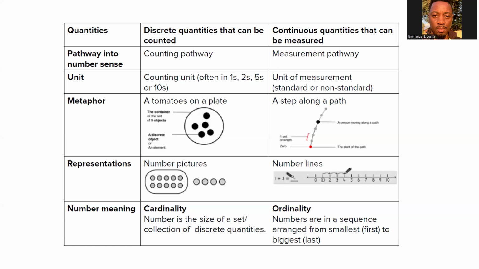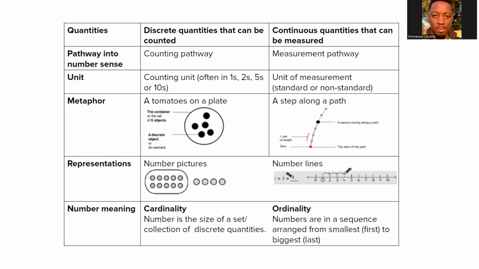Then tomatoes on a plate. You can see that I can count how many tomatoes are there, and those are discrete objects. Then we look at the continuous attributes. As a metaphor, if you're looking at the number line or a fence, are we counting the poles or are we counting the distance between the poles? If you're looking at the distance between the poles, then that would be your continuous quantities.